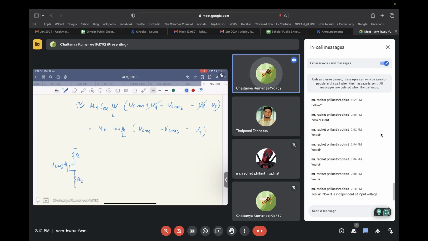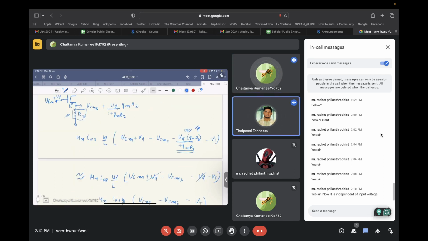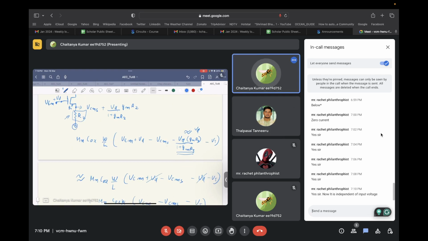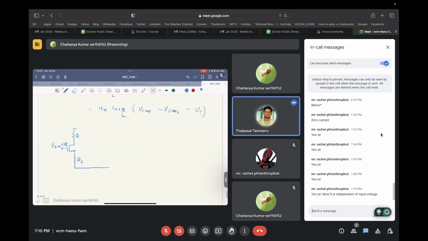We will have R2 over here, and this is grounded, right? Yes, sir. So we will have this kind of circuit over here, with VCM minus VD on the other side.